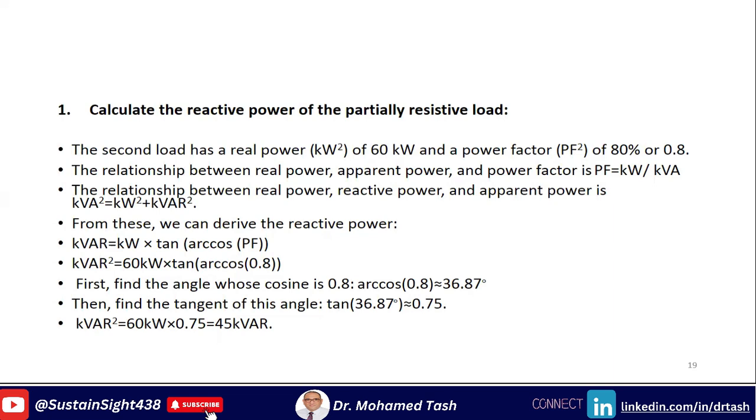And the relationship between real power, reactive power, and apparent power is that the apparent power is the vector sum of the real power and reactive power. So from this, we can conclude the kVAR equals the real power multiplied by the tan of arccos of the power factor.